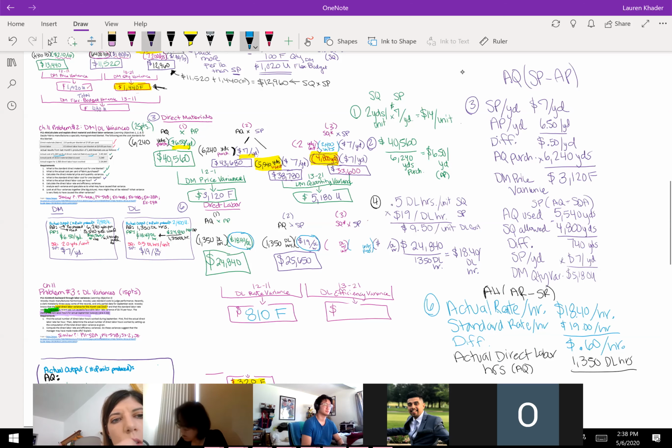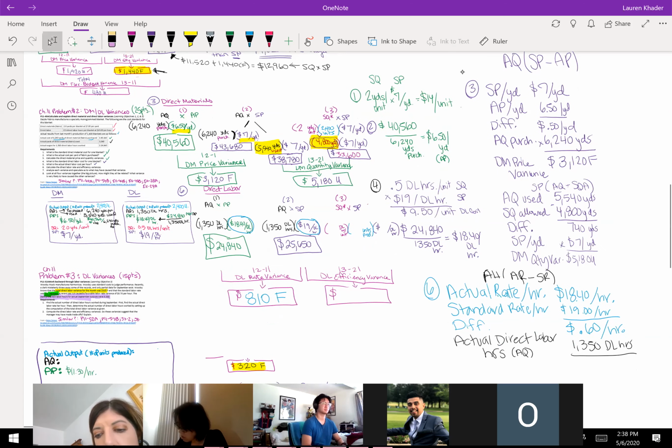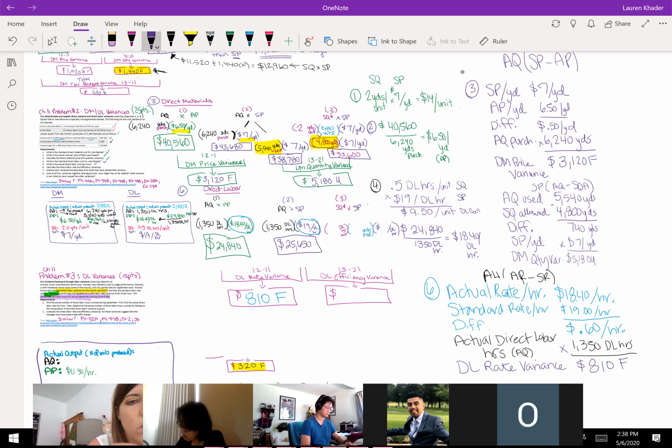And then that gives you your direct labor price variance or rate variance. $0.60 per hour times 1,350 direct labor hours, 810 favorable because you're incurring a lower rate per hour.